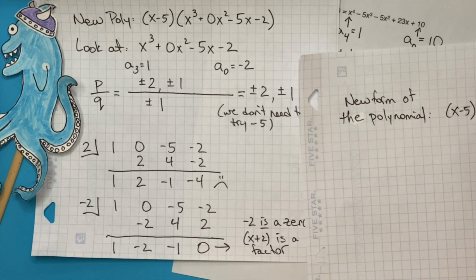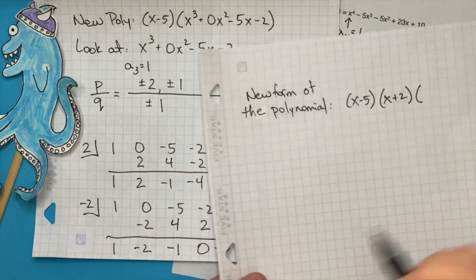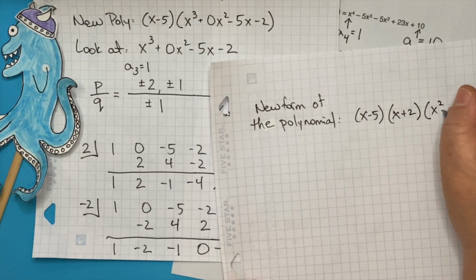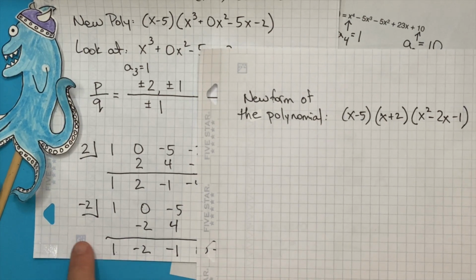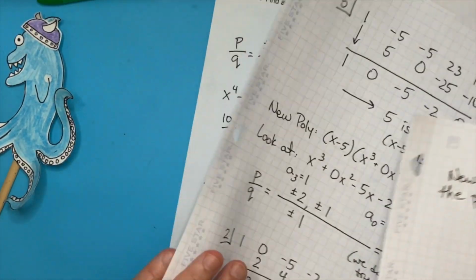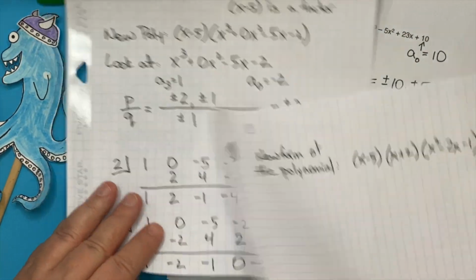Okay, x plus 2. And then we've got this polynomial, which is now x squared minus 2x minus 1. So you see that x squared minus 2x minus 1 right there? Okay. Now, what are we left with? We're left with just checking 1 and -1.